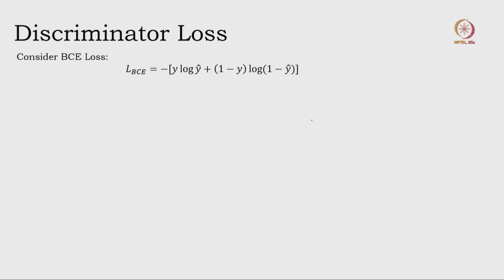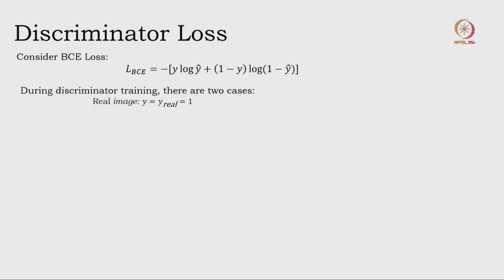Look at this. Again we are considering binary cross entropy, which is y log y hat plus 1 minus y log 1 minus y hat. This is the binary cross entropy loss. Remember there are two things, one is real, the other one is fake. Let us first look at the real one. For real, what should be y real?